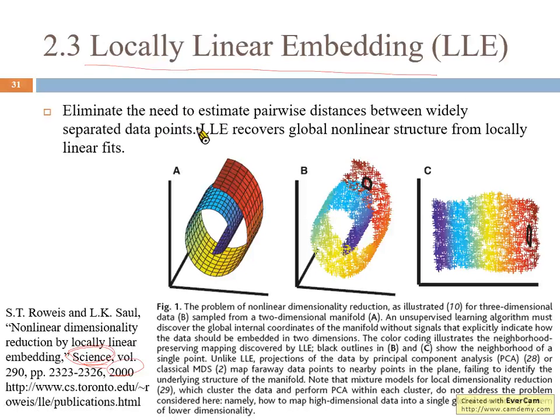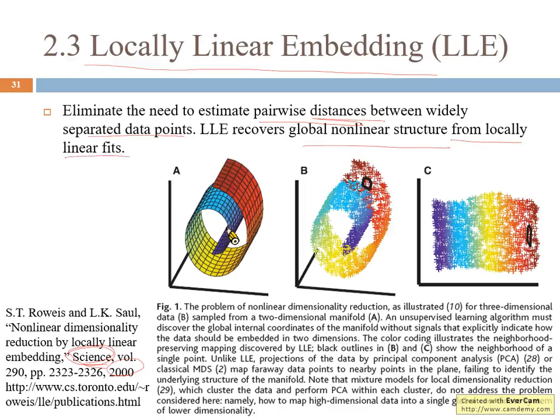The idea of LLE is that they try to eliminate the need to estimate pairwise distance between widely separated data points. Because when we have many data points, computing pairwise distance would be very computationally expensive. So LLE recovers global nonlinear structure from locally linear fits.